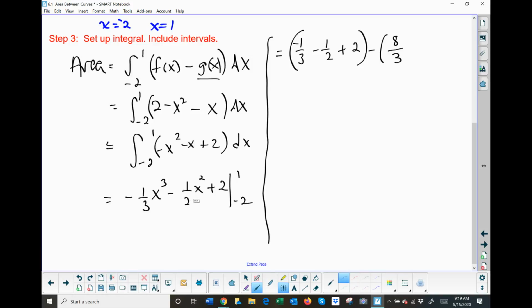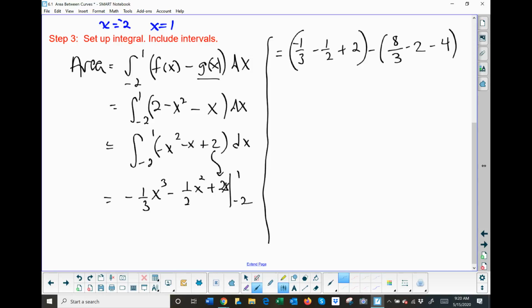Negative 2 squared would be 4. 4 divided by 2 is 2 with the minus sign, so minus 2. And then plus 2 there, no x. Should there have been an x? Yes, there should be an x right there. Integrating 2 should come to 2x. So this would indeed be minus 4. Glad I caught that.